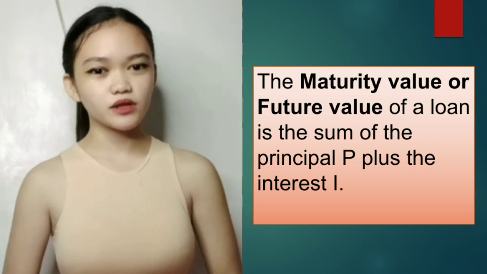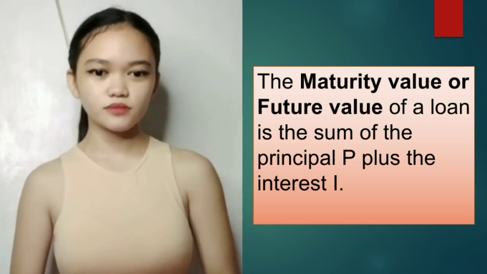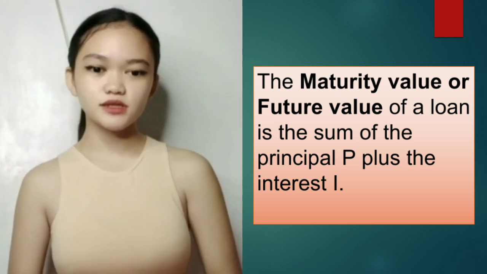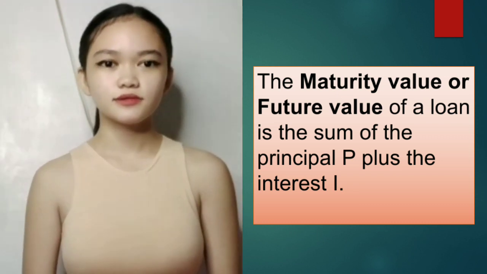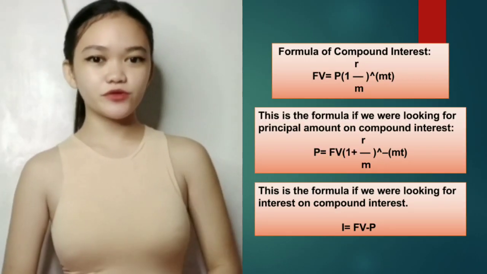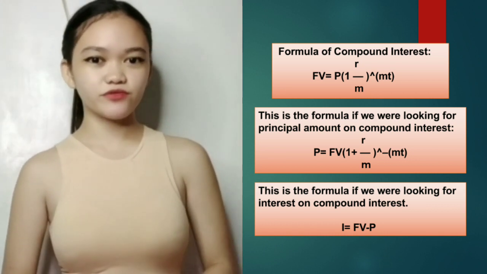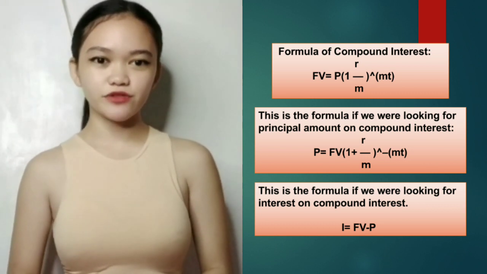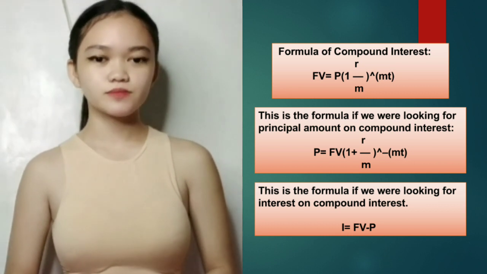And same as simple interest, we have the maturity value or future value. The maturity value or future value of a loan is the sum of the principal P plus the interest I. These are the formulas of compound interest. FV equals P times 1 plus R divided by M raised to the M times T power.